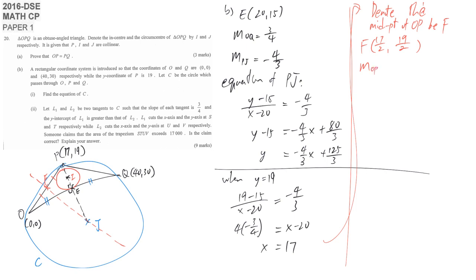The slope of OP is equal to 19 over 17. The slope of FJ is equal to negative 17 over 19. So the equation of FJ is (y minus 19 over 2) over (x minus 17 over 2) equal to negative 17 over 19.